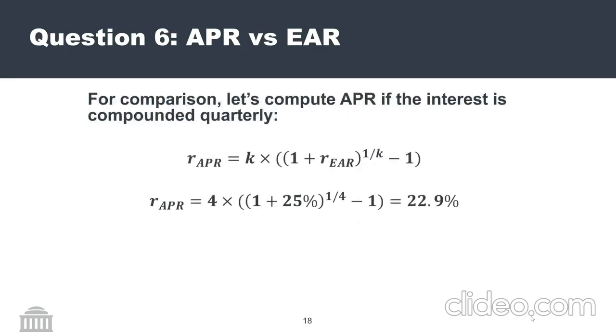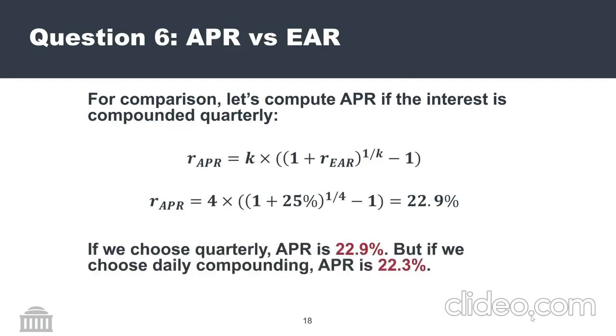Now, let's compute APR if interest is compounded quarterly instead of daily. In this case, compounding frequency K would equal 4, which would give us an APR of 22.9%. Therefore, if we choose quarterly compounding, the APR of 22.9% would give us an effective annual rate of 25%.